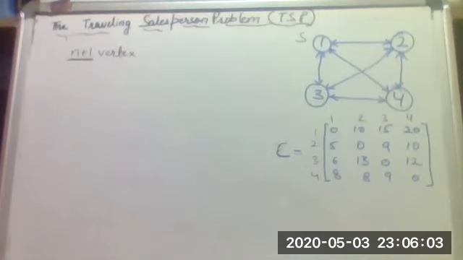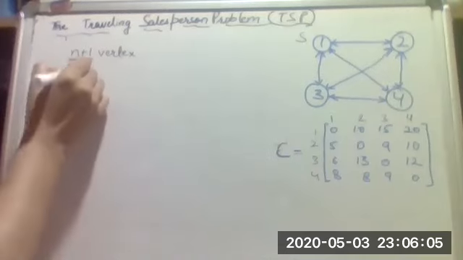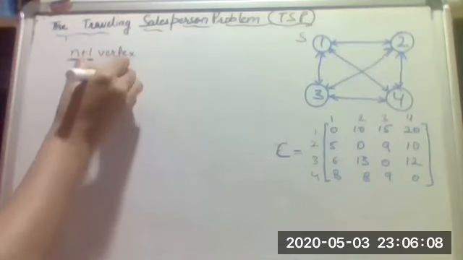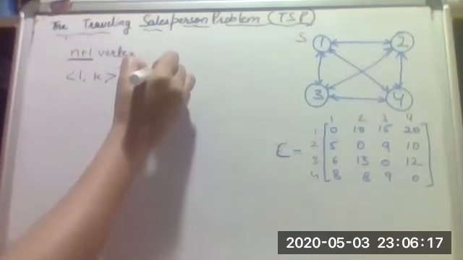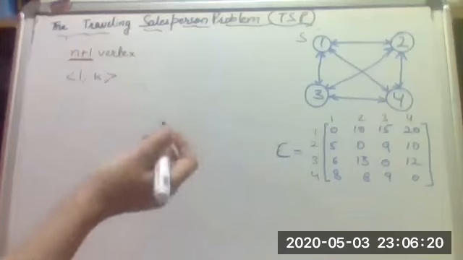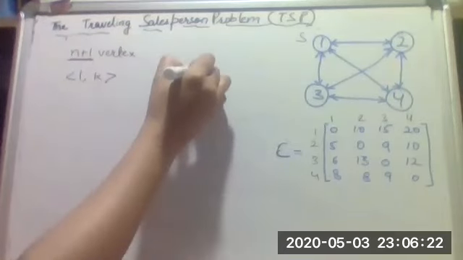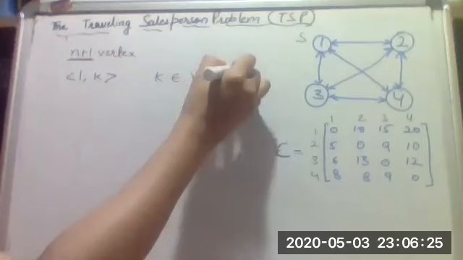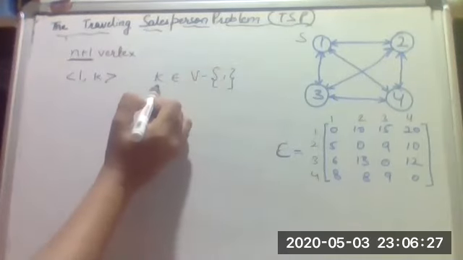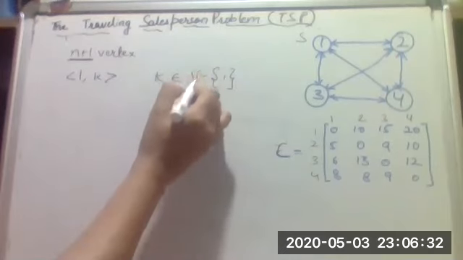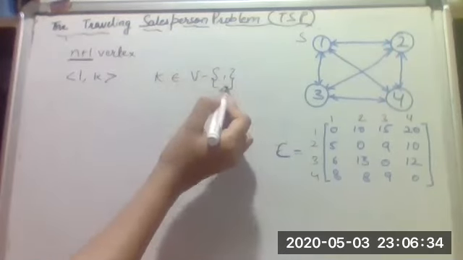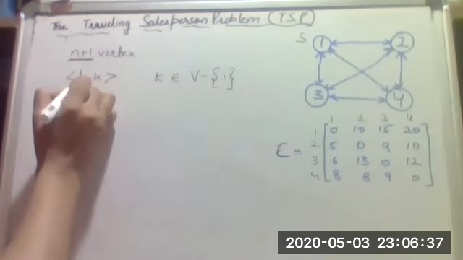Every tour has an edge which we denote as 1k, assuming 1 is our source node, where k is any other vertex that belongs to V minus 1, that is, the set of vertices except the source node.